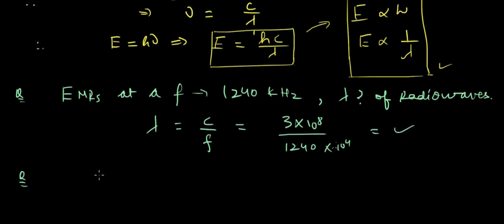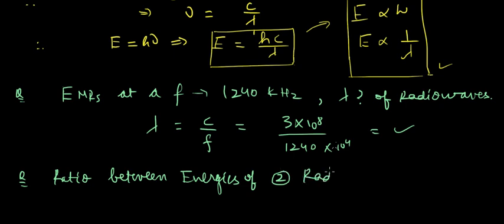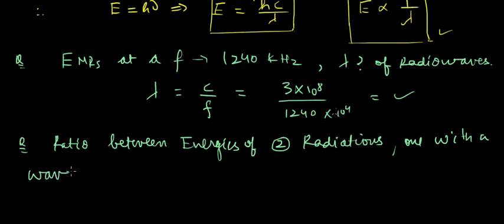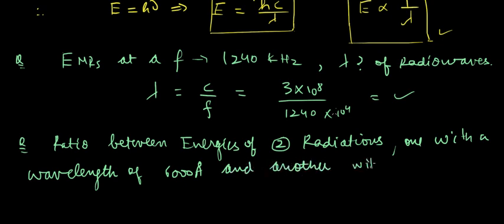Next we have: what is the ratio between energies of two radiations, one with a wavelength of 600 angstrom and another with a wavelength of 2000 angstrom?